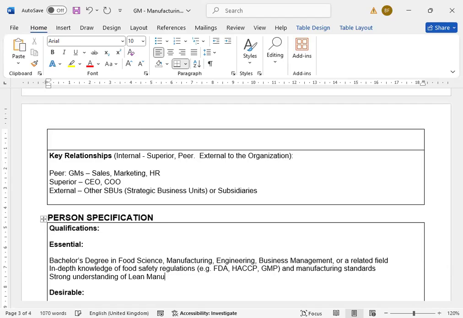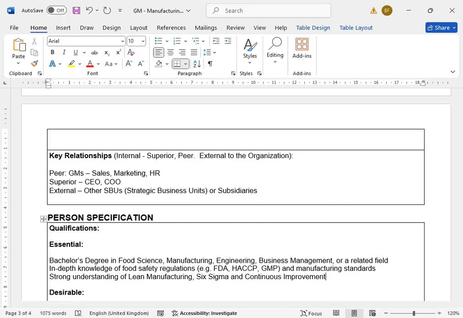Also Six Sigma. This will be an advantage, especially in manufacturing positions. And CI, because continuous improvement is always happening in the manufacturing plant.